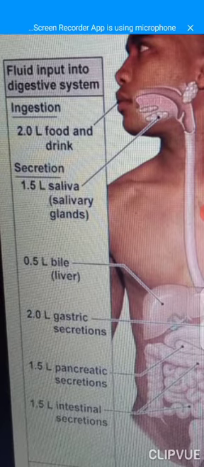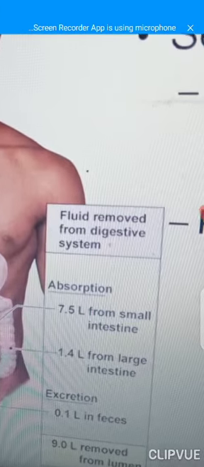Then the secretions will account for the remaining 7 liters. By secretions, we're talking about the salivary gland, the pancreatic secretions, the intestinal juice. These three, 1.5 each, will form 4.5. Then we have the gastric juice, which has the maximum volume. Then we have the liver. So all this will form the input of 9 liters.